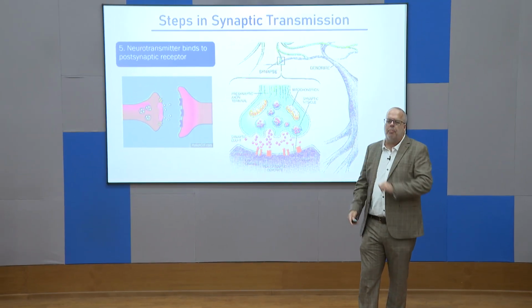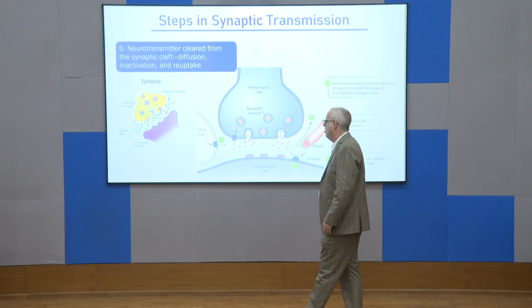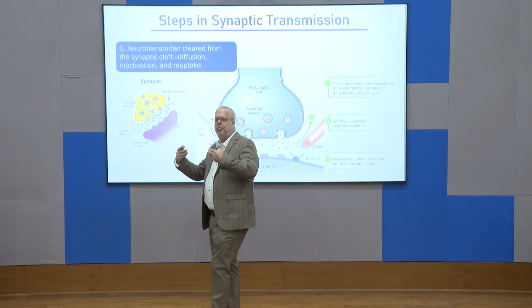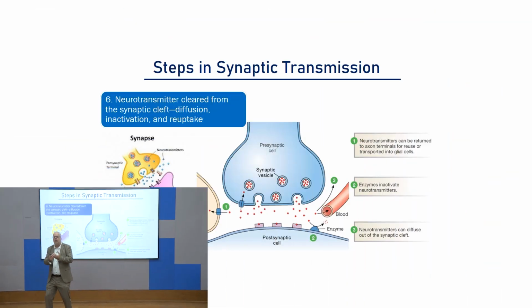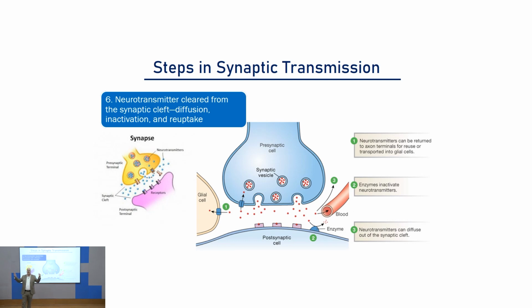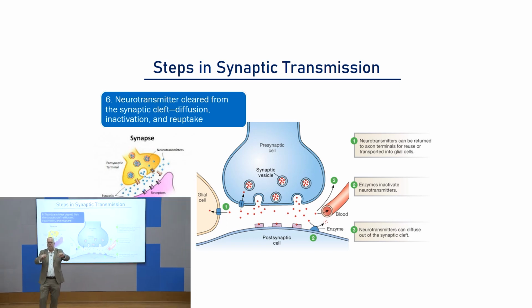So right now, let me skip ahead and talk about the final step. Once that neurotransmitter is released, we need some way to remove it, to clear it from the synapse. Because ultimately, each time an action potential occurs, we want new neurotransmitter to be released and bind to those postsynaptic receptors. That means very quickly we release that neurotransmitter and then we get rid of it.